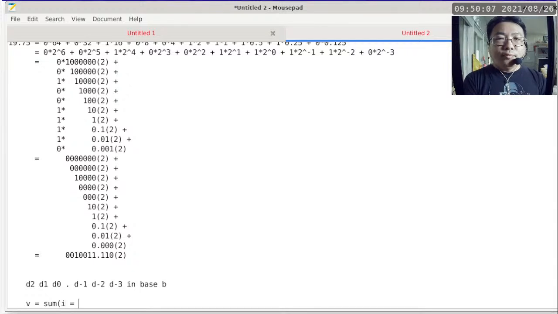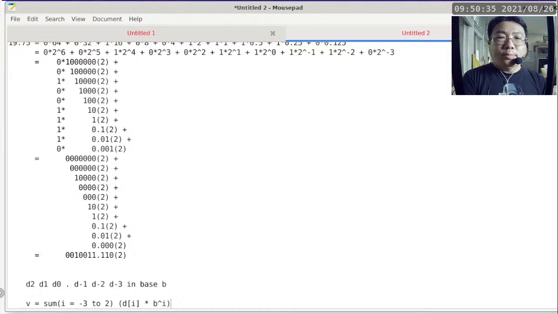I goes from, in this case, -3 to 2, and each term that I'm summing is going to be D of I, the digit at subscript I, times B, because we are using a symbolic name for the base, so times B to the power of the same I, the index.